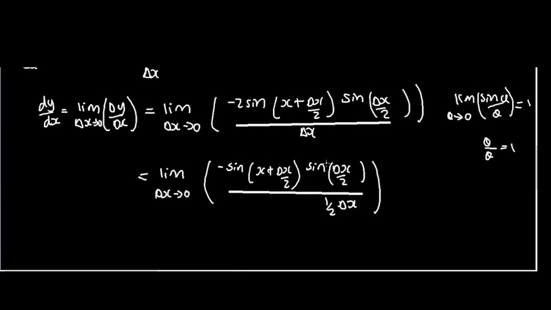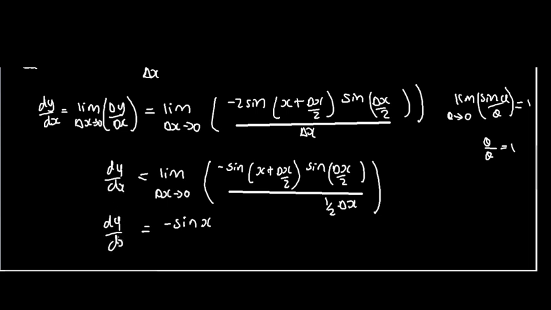When we come to this part here, our theta in this case is change in x over 2. We have seen that the limit of sine theta over theta as theta approaches 0 gives us a 1, and here our theta is change in x over 2. So this part gives us a 1, and we finally get negative sine of x times 1, which gives us negative sine x.